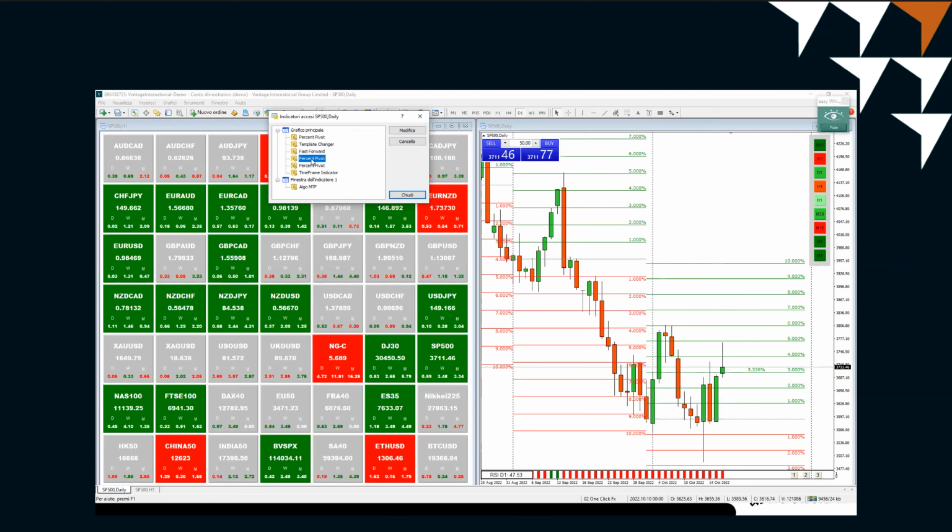Then we have the weekly one, 0.5% increments from the previous weekly close, and then we have the monthly one, which we see on the daily time frame, which, as you can see, gives you 1% increments. Okay, and it's only visible on the daily time frame.